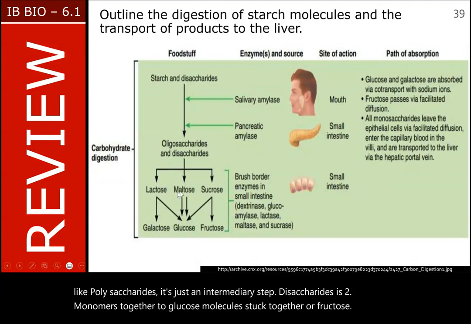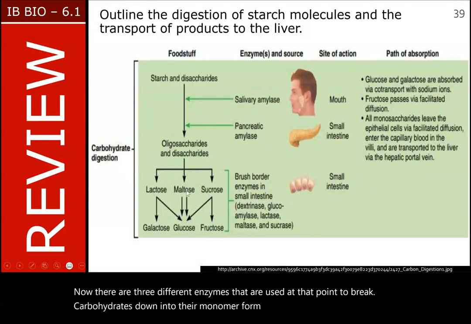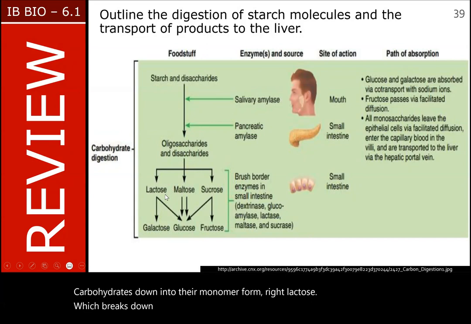Now, there are 3 different enzymes that are used at that point to break carbohydrates down into their monomer form, right? Lactose, which breaks down what? Can you think of it? If it's OSE, right? Oh, wait.